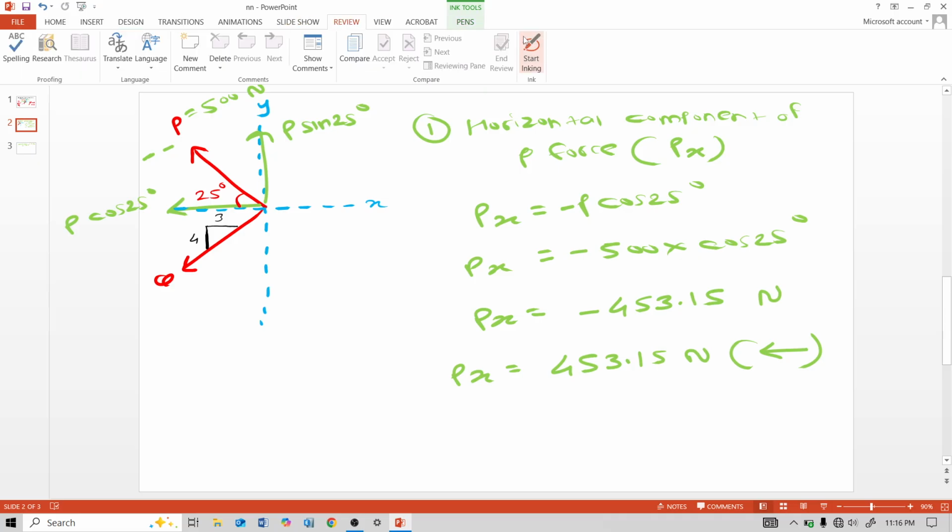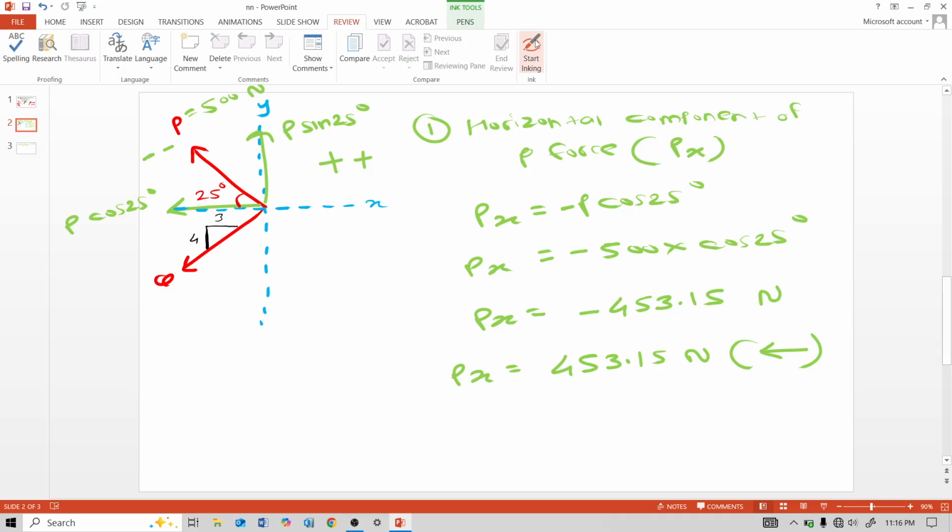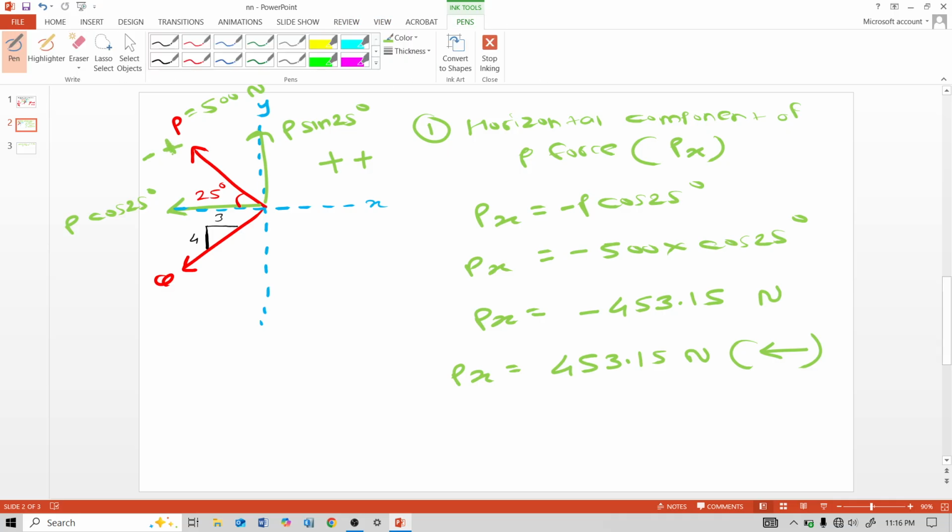See here, I think we are making some mistakes here. First quadrant is plus plus, second quadrant is not minus minus, second quadrant is minus plus. So remember, correct it. Third quadrant is minus minus, and fourth quadrant is plus minus.